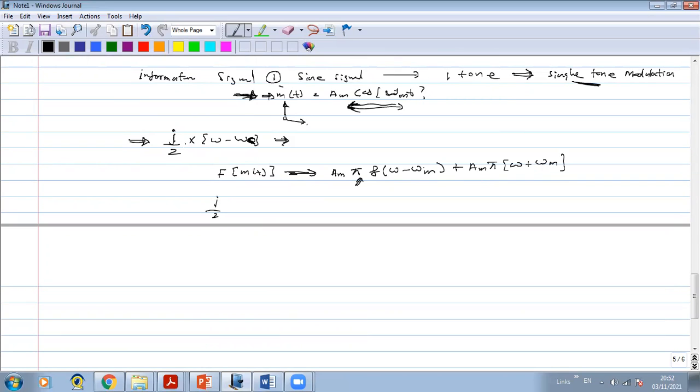Here it is x, but I will write it as m, because here the modulating signal we represented using m.